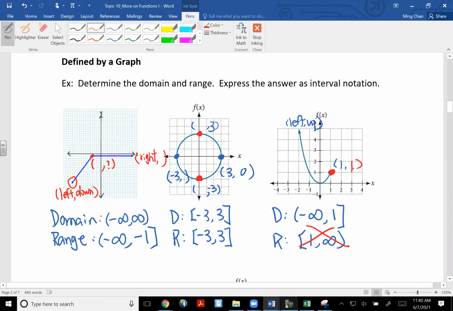This y value 1 is not the lowest point of this graph. The lowest point, in terms of down and up, is right here, and the y value there is 0. So your range is actually from 0, keep on going up to infinity. Okay, a little bit trickier.